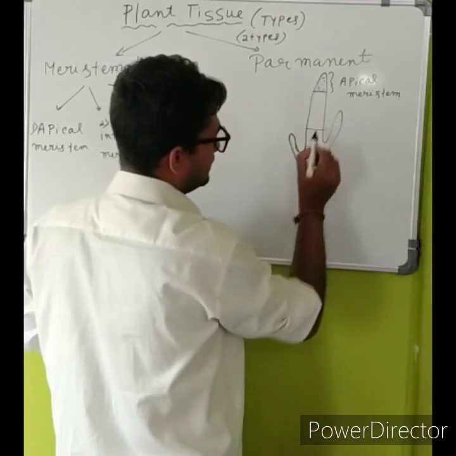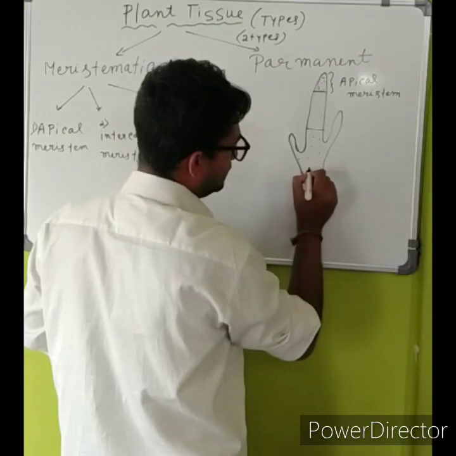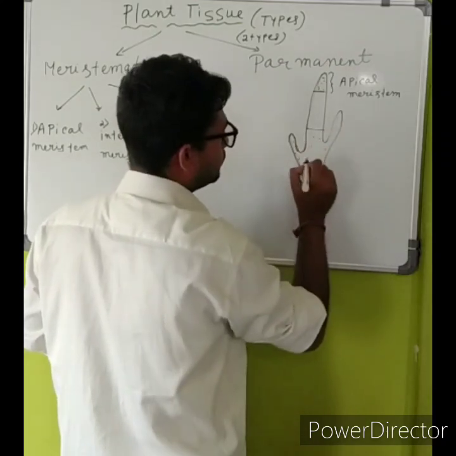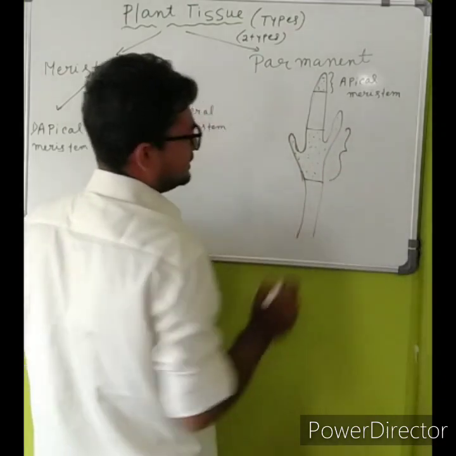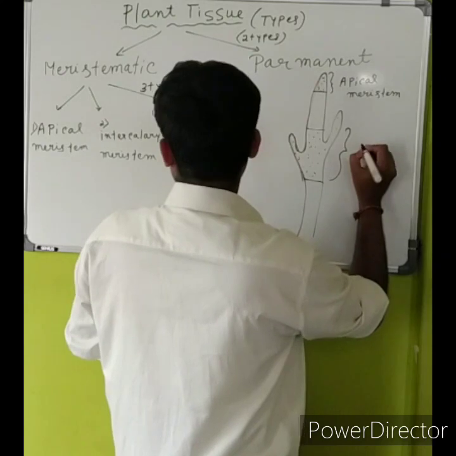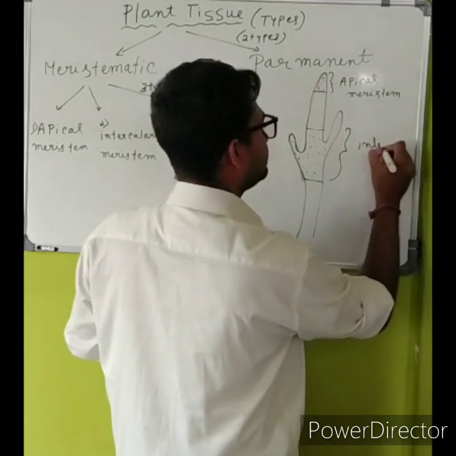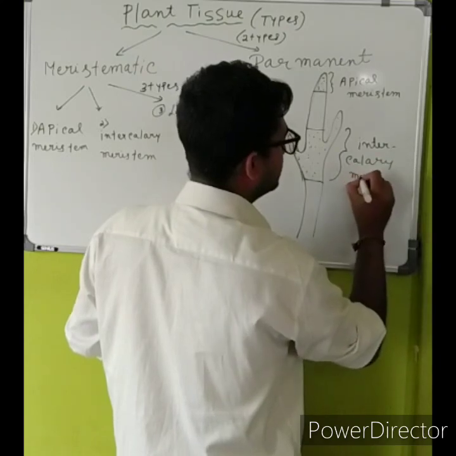The portion present in between two nodes is called the internode. The middle portion is called the intercalary meristem.